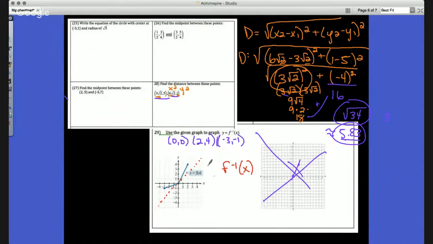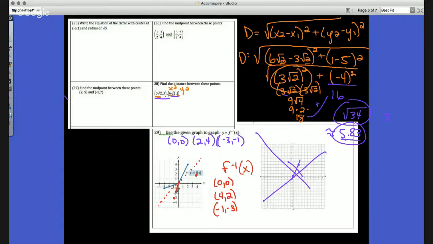So to do this, we have to switch x and y. If I switch 0, 0, I just get 0, 0. Switch 2, 4, we get 4, 2. If we switch negative 3, negative 1, we get negative 1, negative 3. Then what we're going to do is graph this. So we have 0, 0, 4, 2, and negative 1, negative 3.